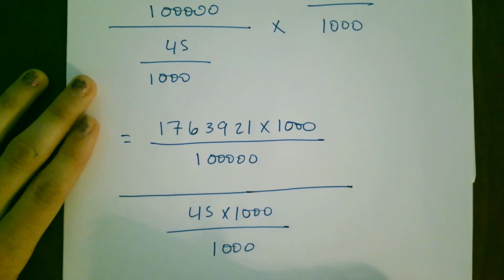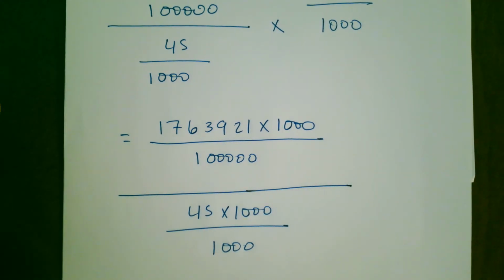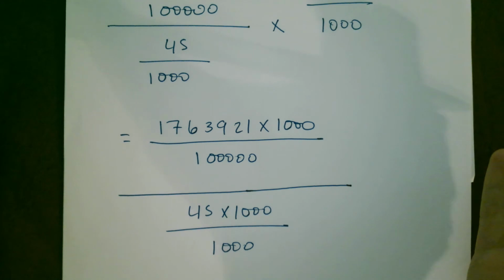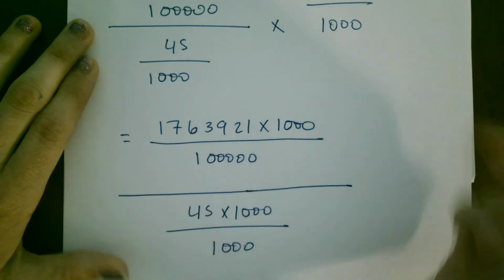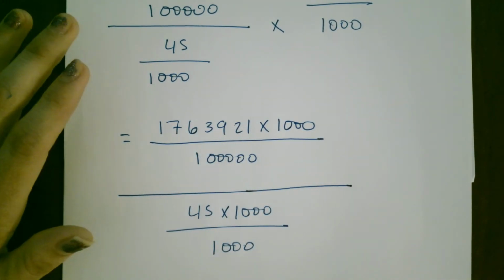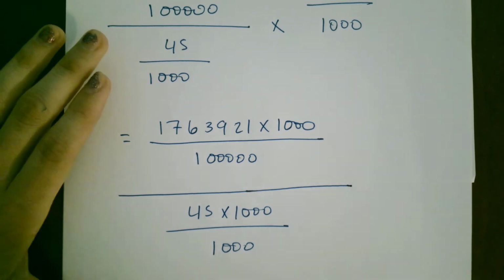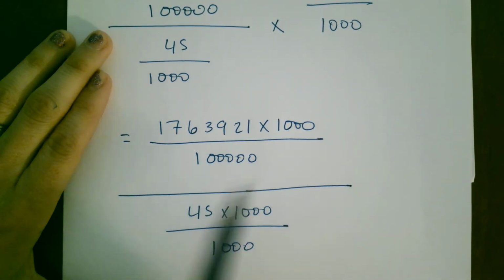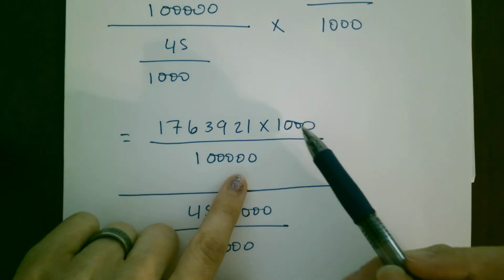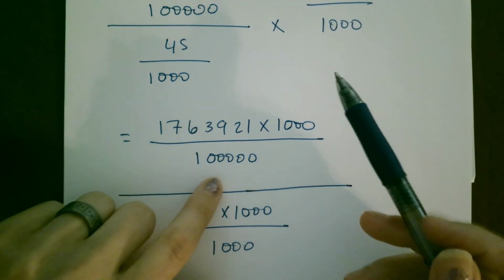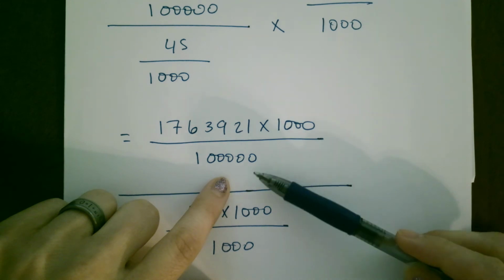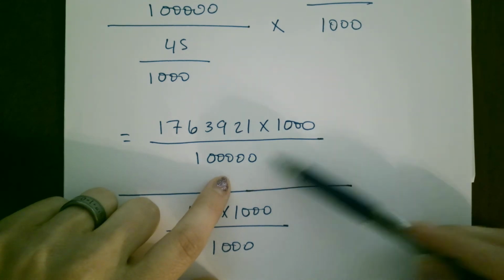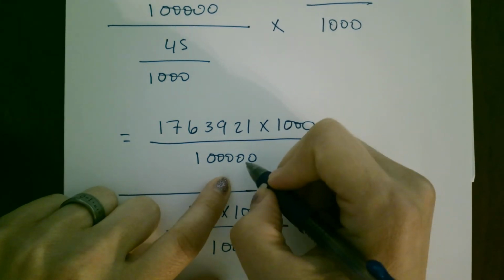All right, so now we can simplify. If you watched the complex fractions video before, we have here a complex fraction, so I need to simplify the top and simplify the bottom before I attempt the whole fraction itself. I'm multiplying by 1,000 and dividing by 100,000. We can simplify this fraction. The numerator and the denominator do have a common factor, and it is 1,000.